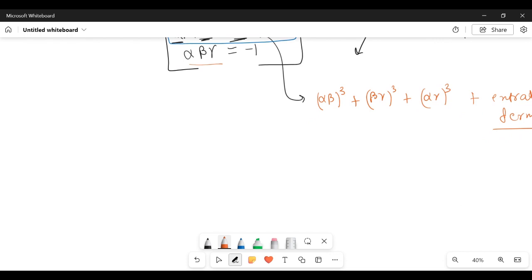The identity is that a cube plus b cube plus c cube minus 3abc is equal to a plus b plus c into a square plus b square plus c square minus ab minus bc minus ca.